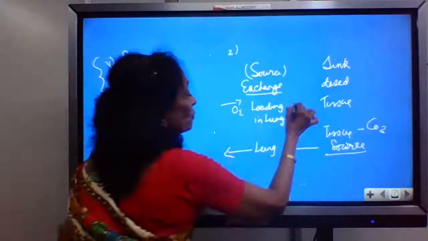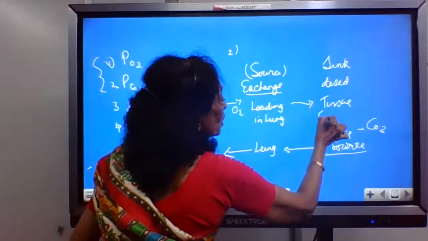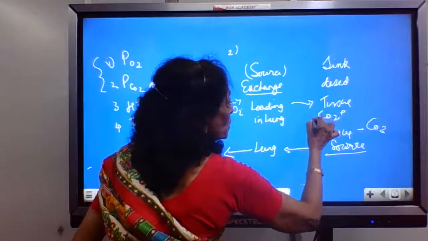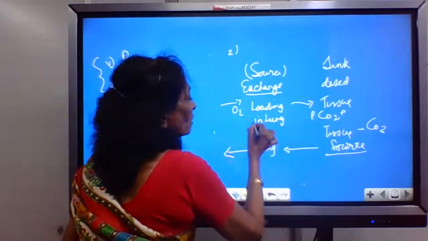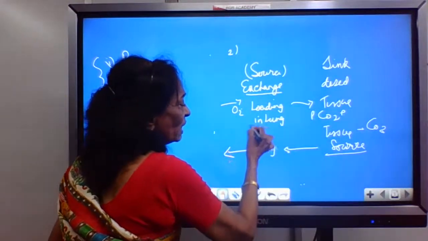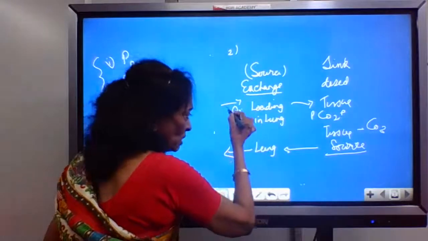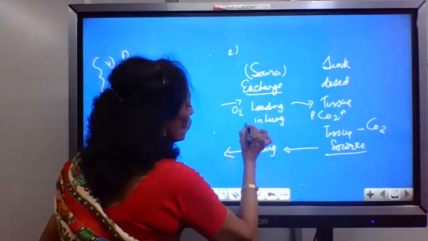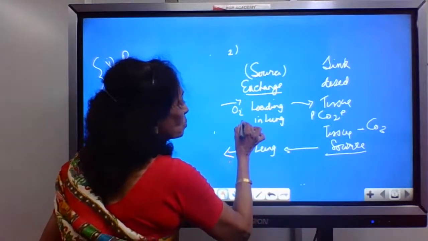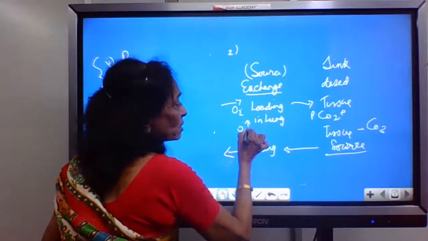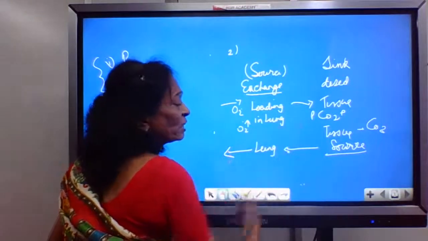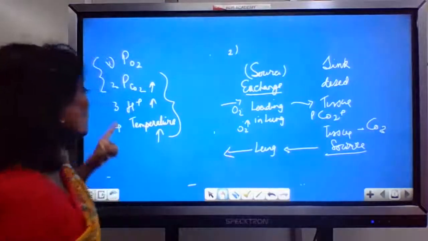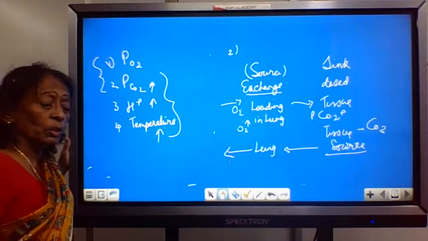The tissue has more CO2, PCO2 is more, but the blood coming from the lung has more O2 and less CO2. As a result, the exchange occurs between the two. Among all these factors, PCO2 plays the major role in exchange.